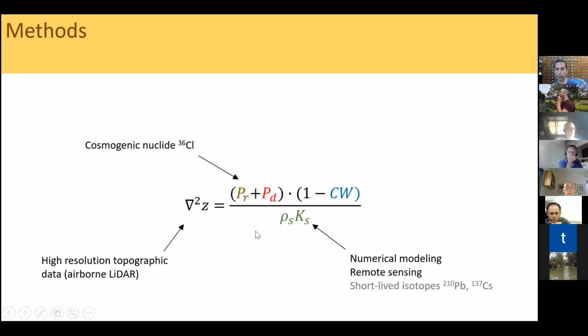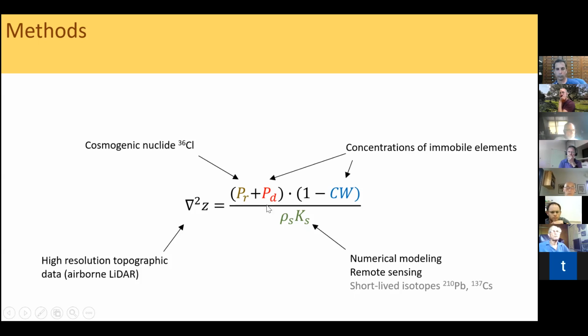To quantify soil transport and the transport efficiency coefficient, this K sub S, we use numerical modeling, which I will show, and some remote sensing. And we also did some work with short-lived isotopes in the soil, which I will only show if I have some time at the end.